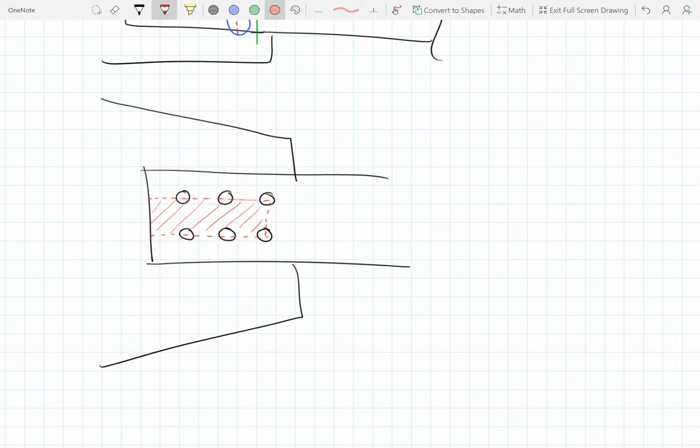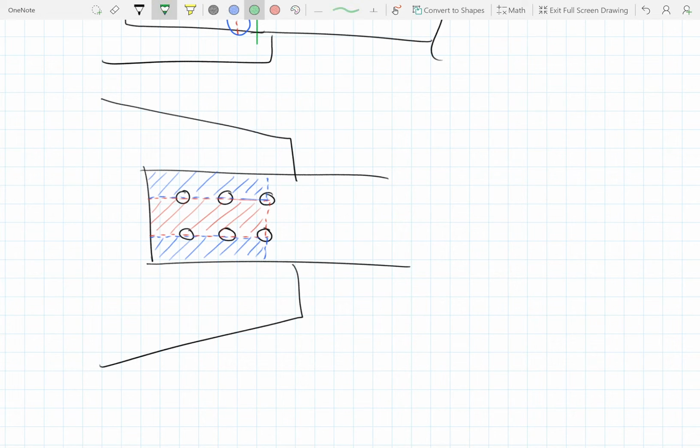Then you have just the opposite. I'll do it in blue, where you have failure along this blue dashed line. And then these blue sections stay, and the rest of the tension member pulls off.